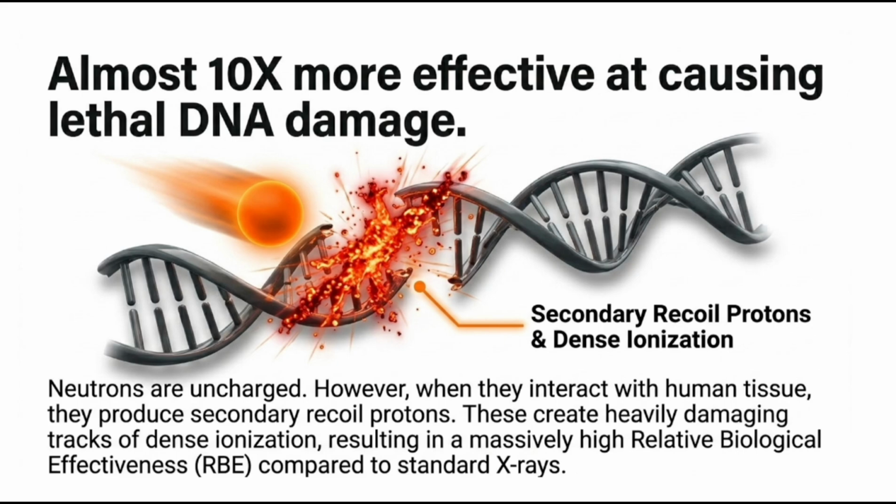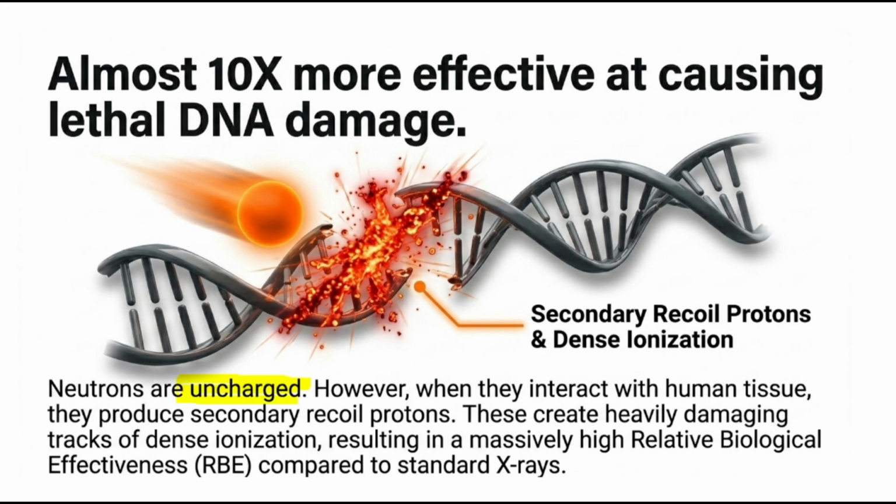We just established that photodisintegration creates a massive stream of fast neutrons. But why are these specific particles so incredibly dangerous to us? See, neutrons themselves are completely uncharged particles.